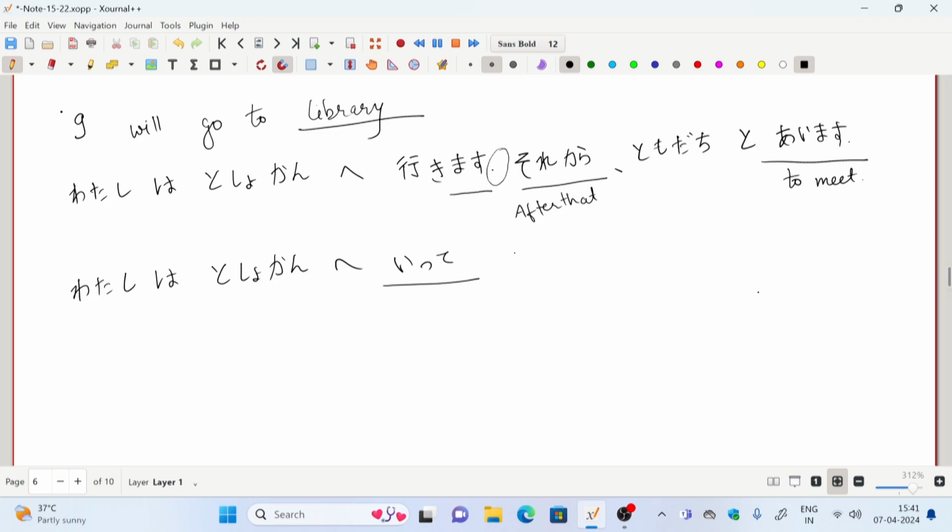Tomodachi to aimasu. So, watashi wa toshokan e itte tomodachi to aimasu.